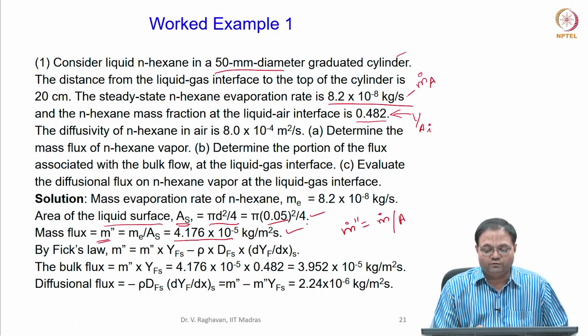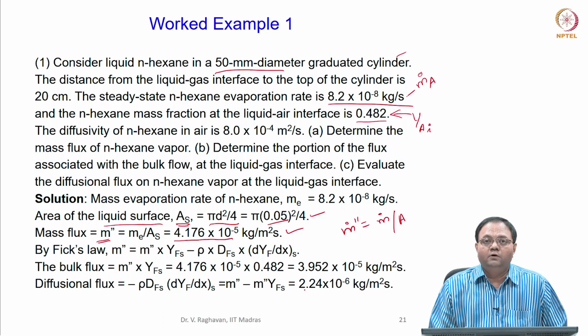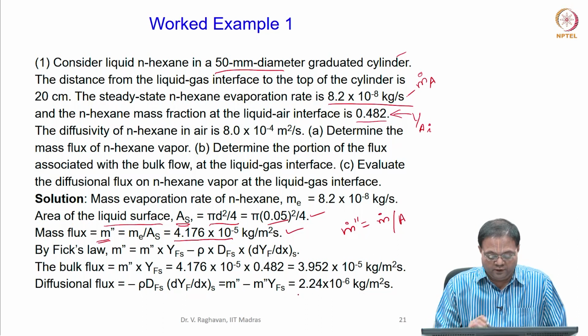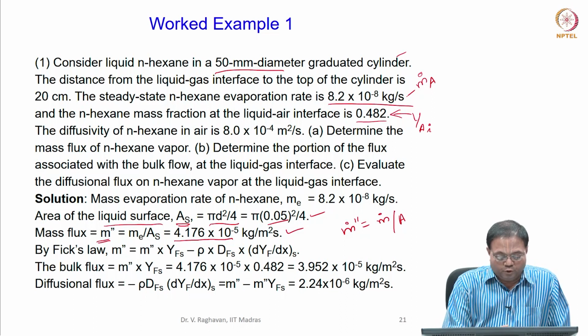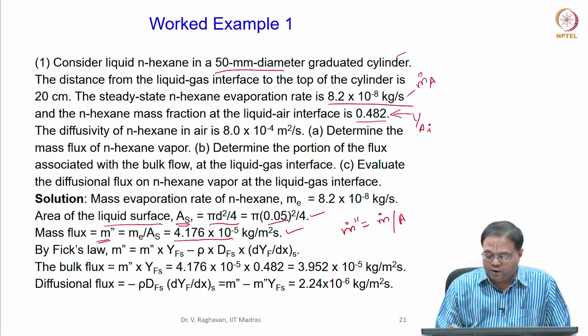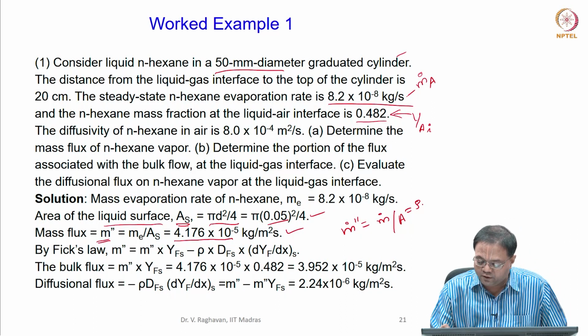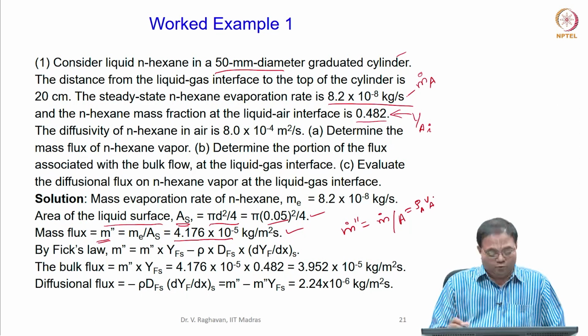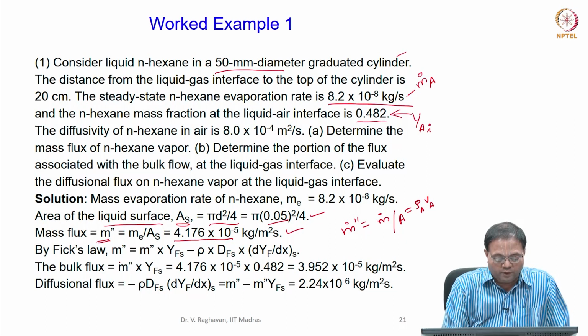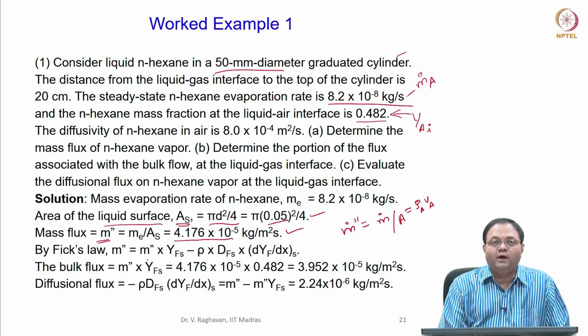This is the total flux which is coming out of the liquid gas surface interface. Okay, now by Fick's law, this mass flux m double dash is nothing but rho A V A, which equals rho A into capital V into YFS.